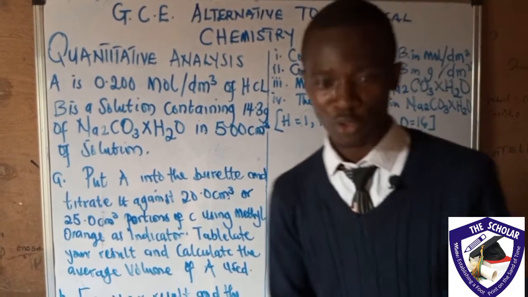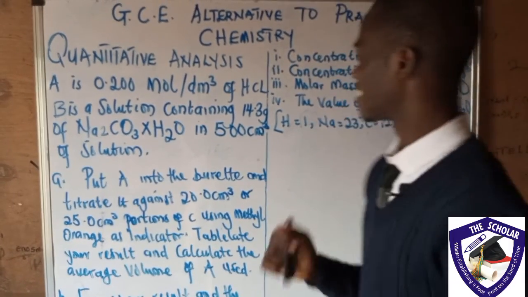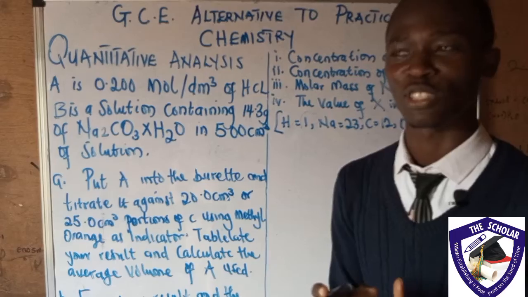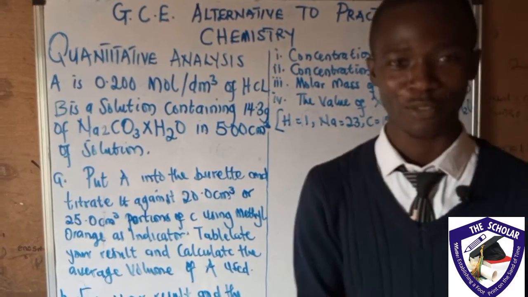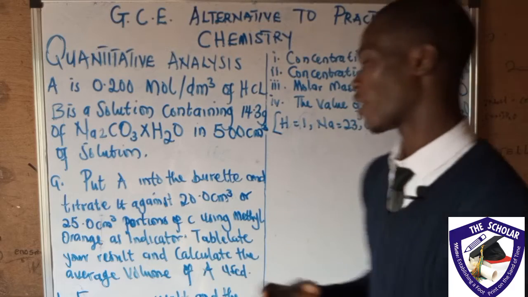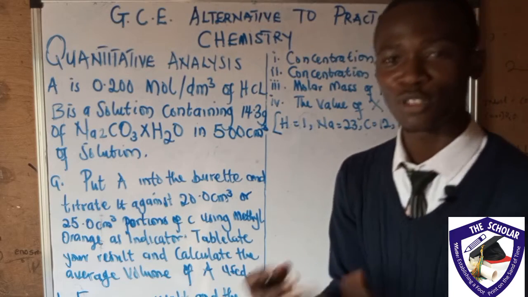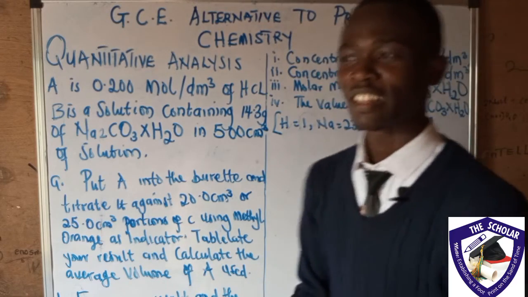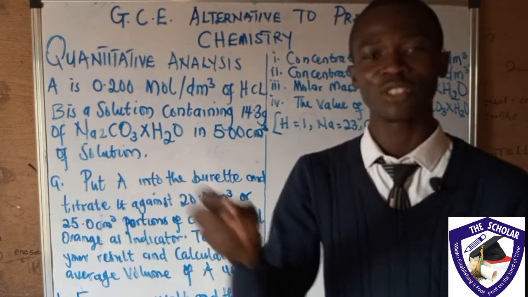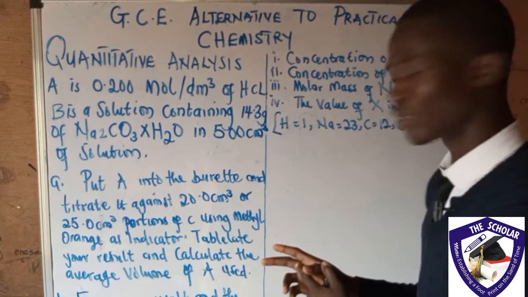Now, I want you to know this, that in GCE practical for chemistry, everything you need will be provided for you, which means you don't need to carry out the practical, you don't need to carry out the titration. The value will be given out to you. The purpose of carrying out the titration is to get the volume of acid used.